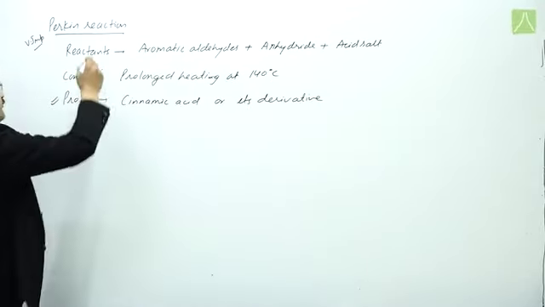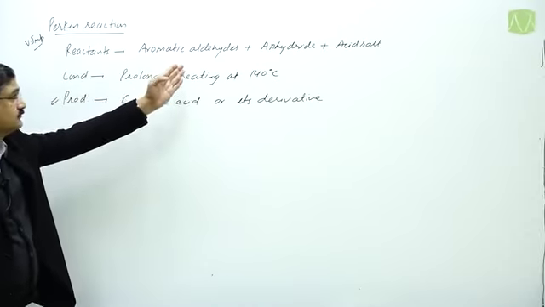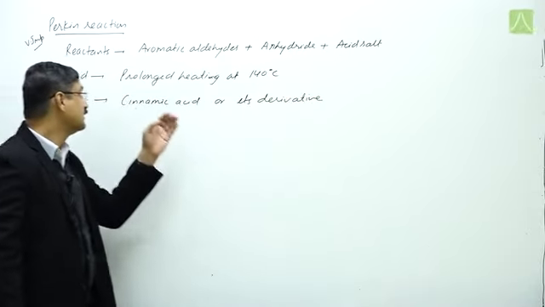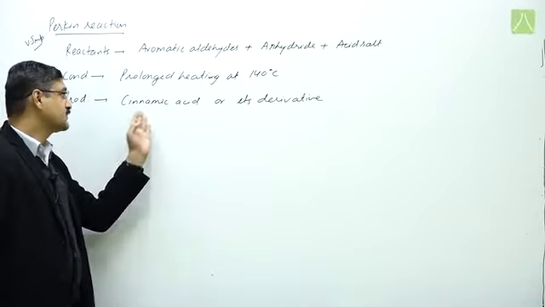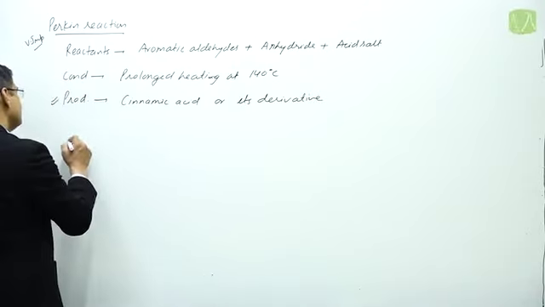So there are three important pieces of information in Perkin reaction. First, aromatic aldehydes are taken in presence of anhydride with acid salt. The same acid salt is used. Prolonged heating is required. Cinnamic acid is the major product. So the reaction is like this.